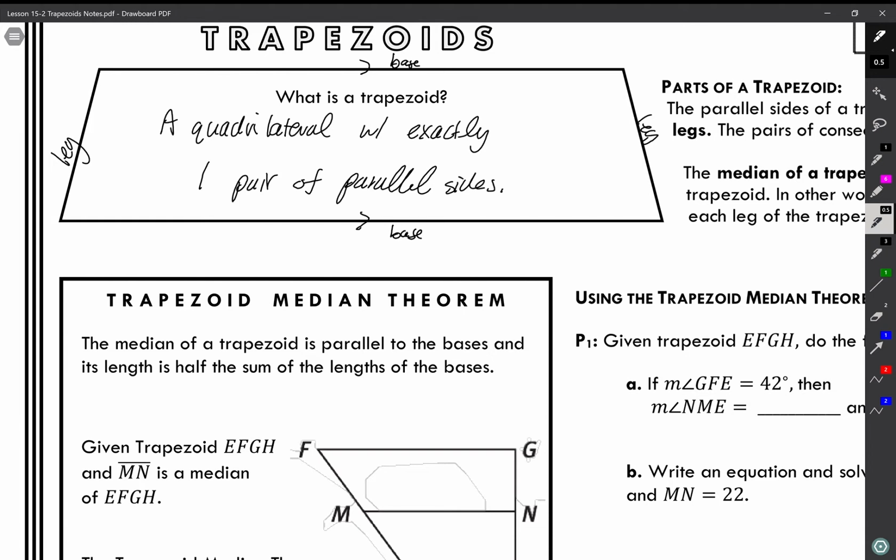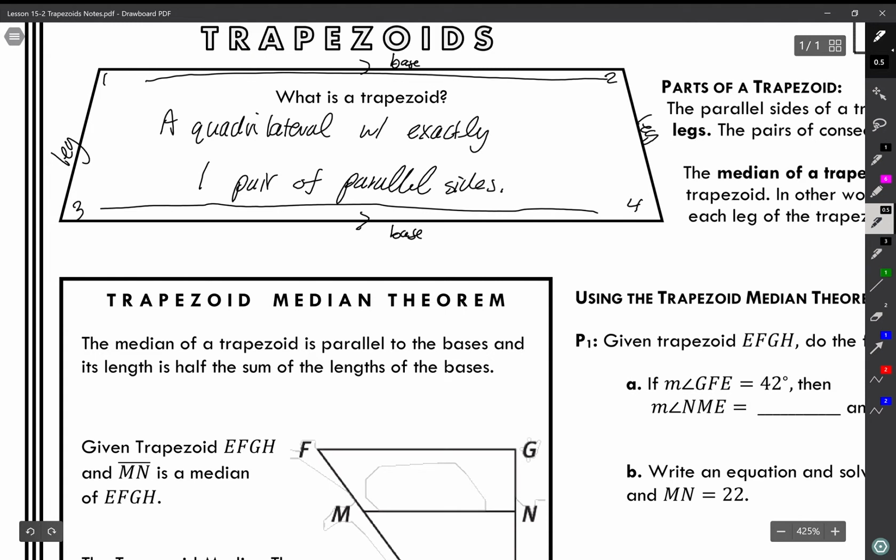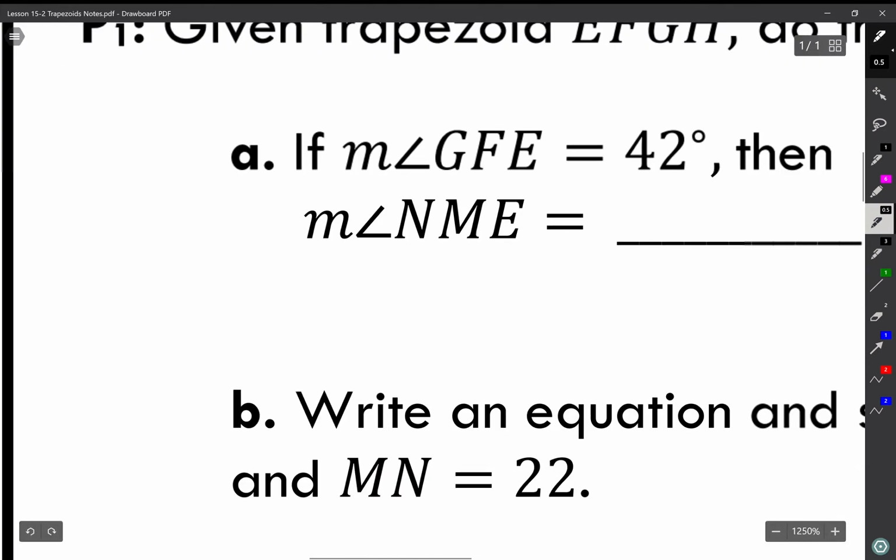We have two pairs of what we call base angles, and they're the angles that each base forms with the leg. So, say angle 1 and angle 2 up here would be one pair, and then angle 3 and angle 4 on the bottom would be another pair of what we call base angles, okay?